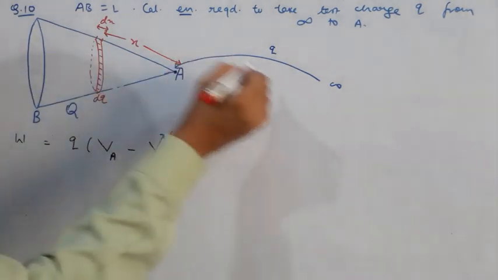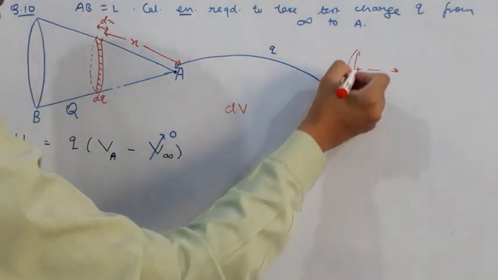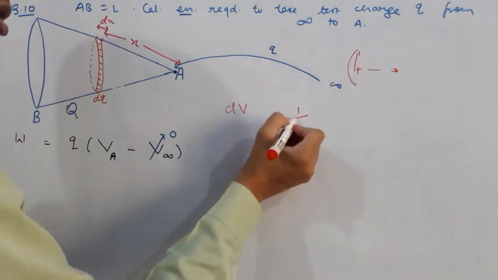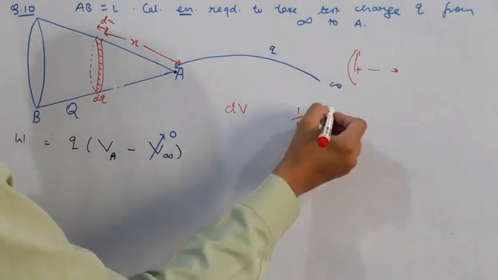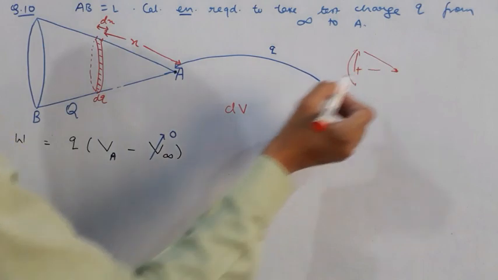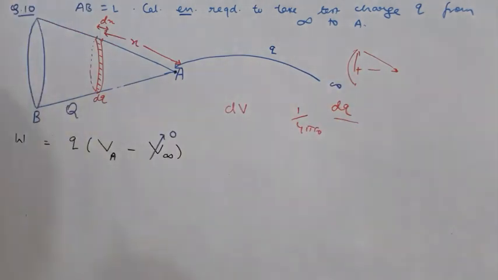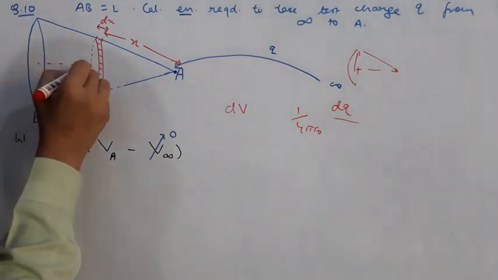Potential due to a ring, on its axis, is given by what formula? 1 by 4 pi epsilon naught into the total charge, that is dq in our case, divided by the distance. That distance in this case will be how much? Now we have to assume some parameters.